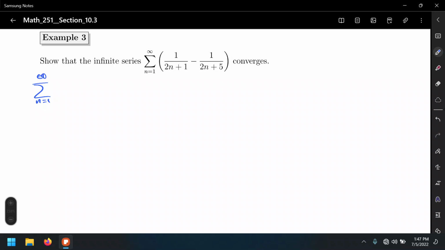n equals 1 to infinity, 1 over 2n plus 1 minus 1 over 2n plus 5. And see, for n equals 1, so 1 over 2 times 1 plus 1 minus 1 over 2 times 1 plus 5. Okay?